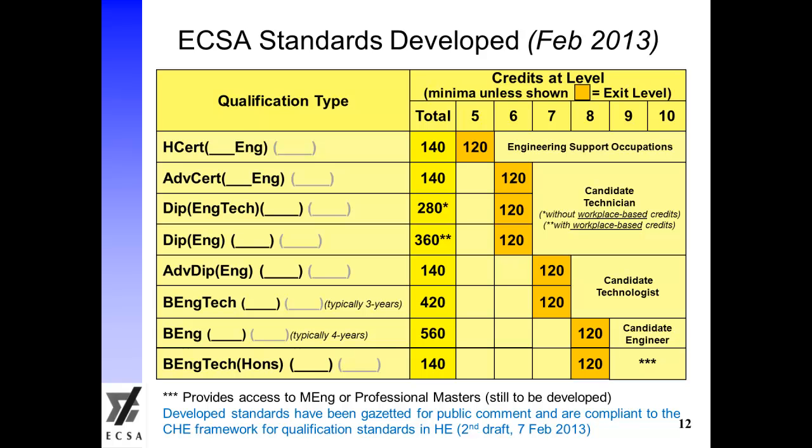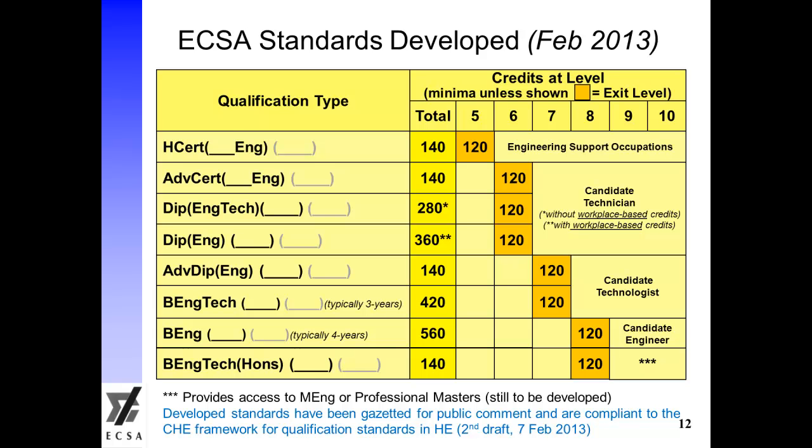Although the BEngTech Honours is not at the moment linked to a specific professional category, both the BEng and BEngTech Honours qualifications provide access to Master of Engineering or MSc. The BEngTech Honours has been designed in such a way that the University and University of Technology streams converge at the master's level.